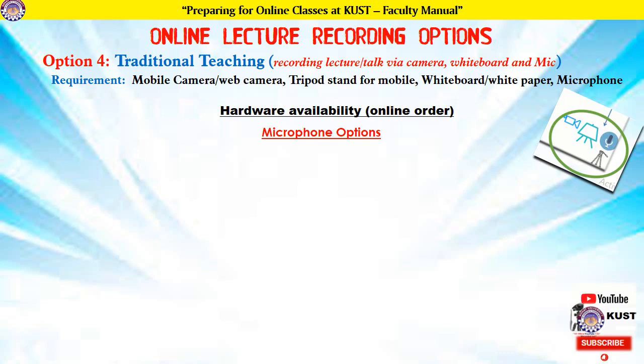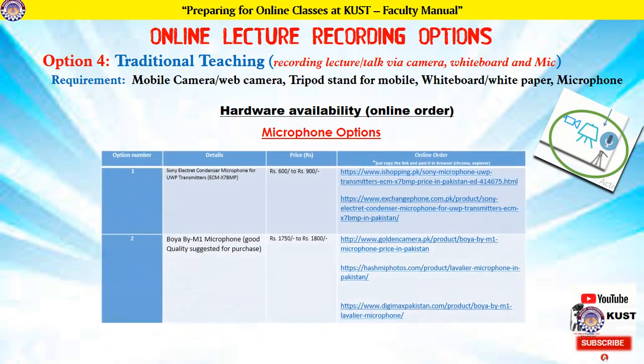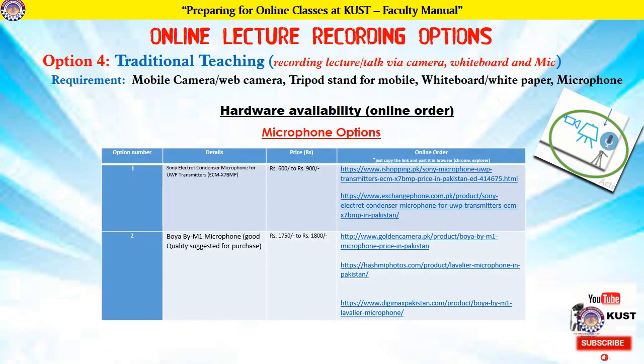So for traditional teaching, that's category number 4, what are the different hardware available? In case of the current lockdown situation and the prevailing pandemic scenario, you can order different hardware online. The first hardware is basically a microphone. There are different online order links available, and the different microphone options and the prices are already shown.